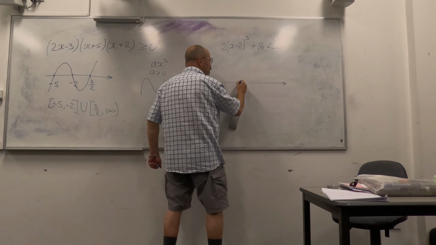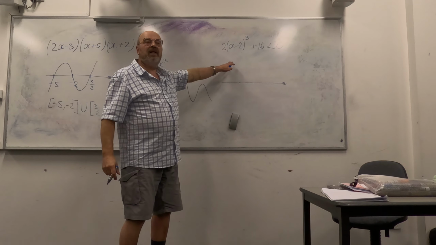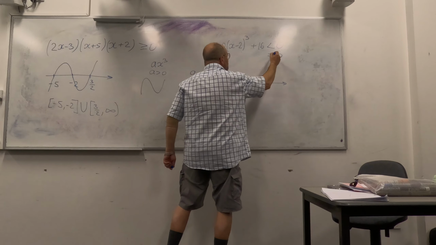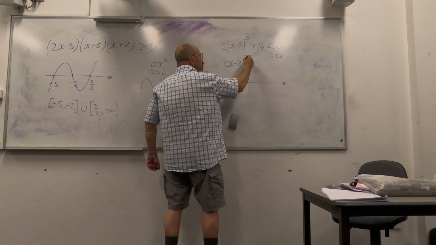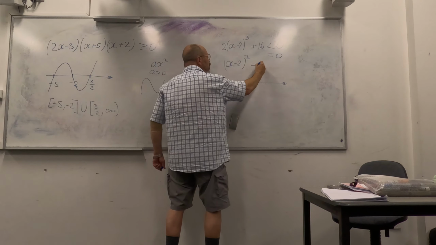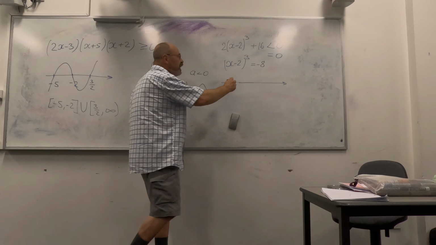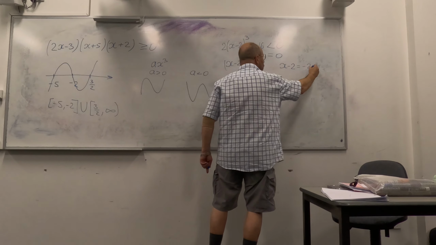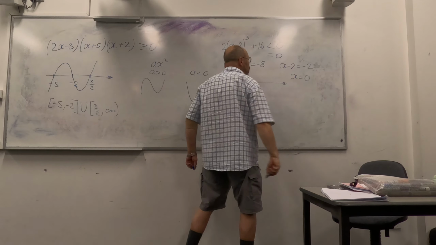Let's find the x-intercept, when it equals 0. So we get (x minus 2) cubed will be equal to -8. So we'll have x minus 2 equal to -2, x equals 0.